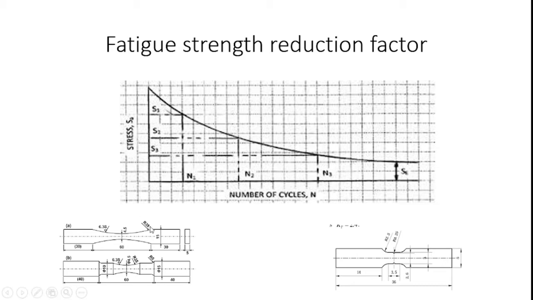Here you see a smooth surface tensile specimen is available, and also we can produce a notch on that tensile specimen. How can we compare? From this comparison we can get the fatigue strength reduction factor.